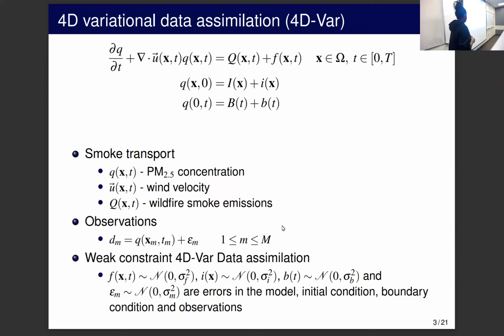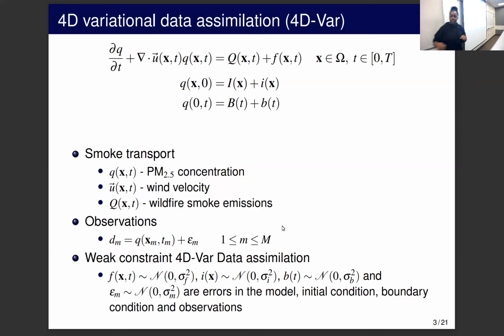When using the weak constraint data assimilation, we assume that we have errors not only in the observations, the initial and boundary conditions, but also in our model due to unresolved processes in the forcing and parameterization. Therefore, our main aim is now to find a time evolving state of PM2.5 concentration that minimizes all those errors.